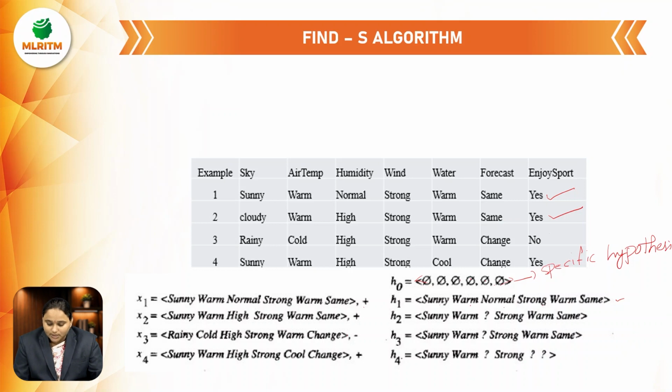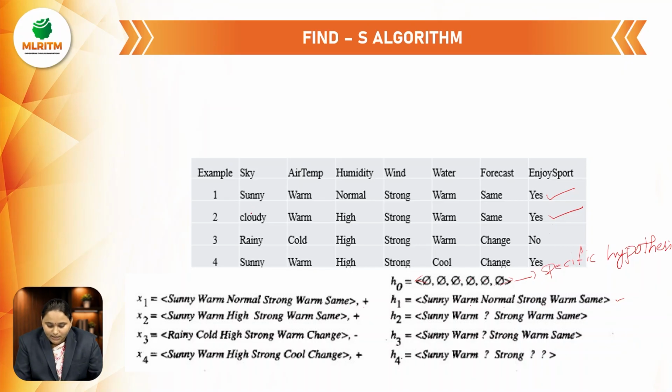The next example is also positive, so it is consistent. Next, if the value is equal to the same attribute in the instance X, it remains the same. If not, we need to replace it with the question mark. First, in H2 the label is also yes.